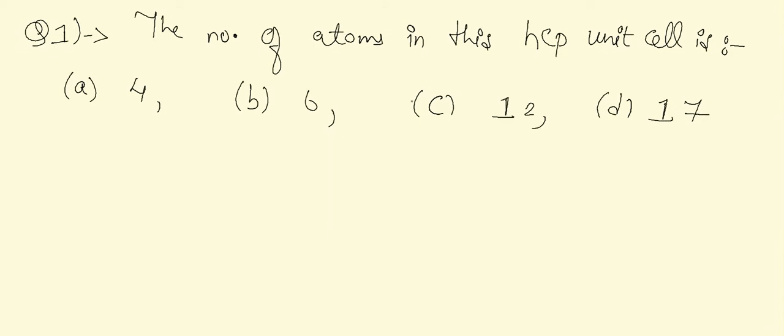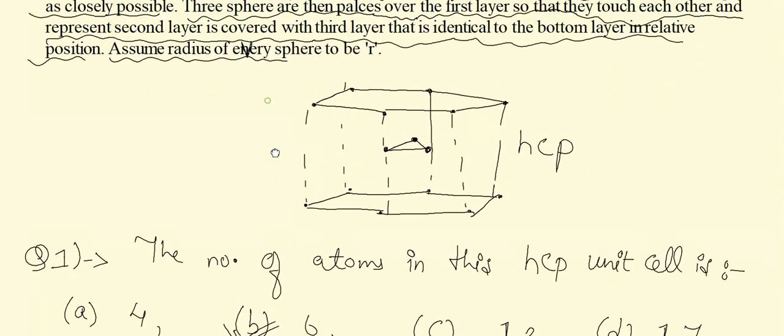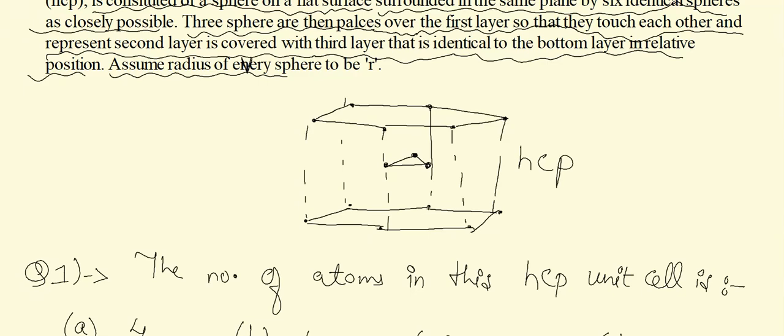Here you can see that only six atoms will be present. In hexagonal close packing, only six atoms are participating here, and their contributions are seen here.